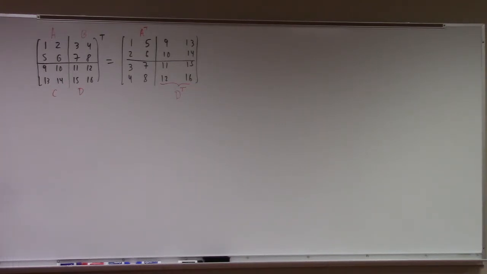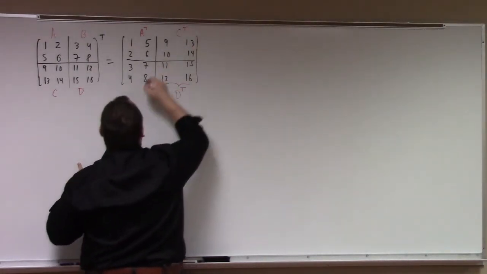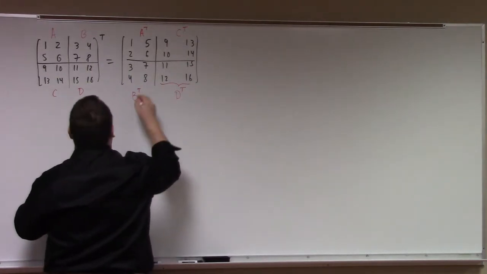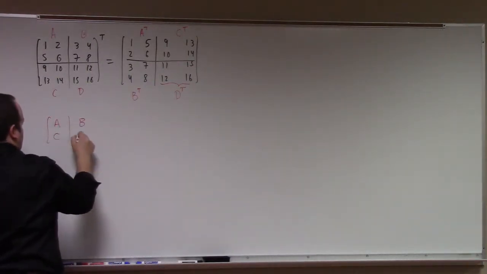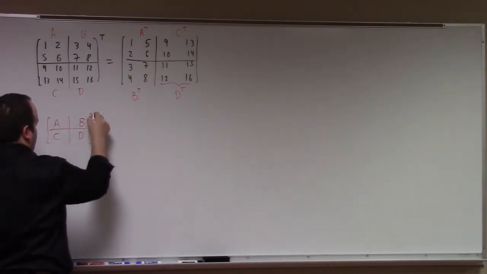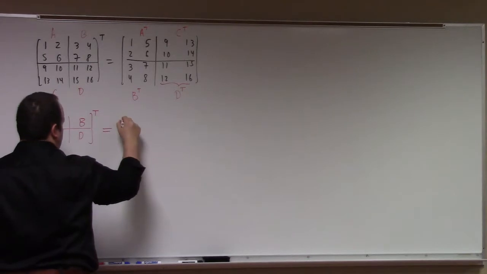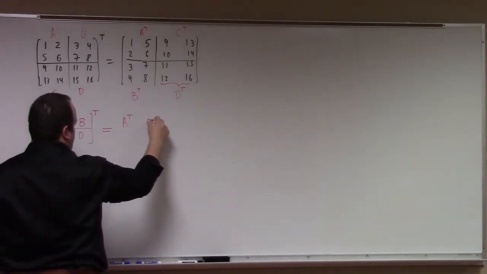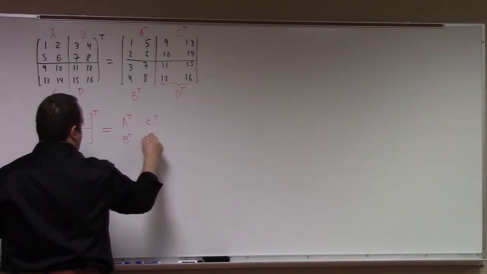They switched and they transposed. So this is actually C transpose, B transpose. So it looks like, at least for square block decomposition, and I think this probably generalizes, that the result is exactly A transpose, C transpose, B transpose, D transpose, like that.